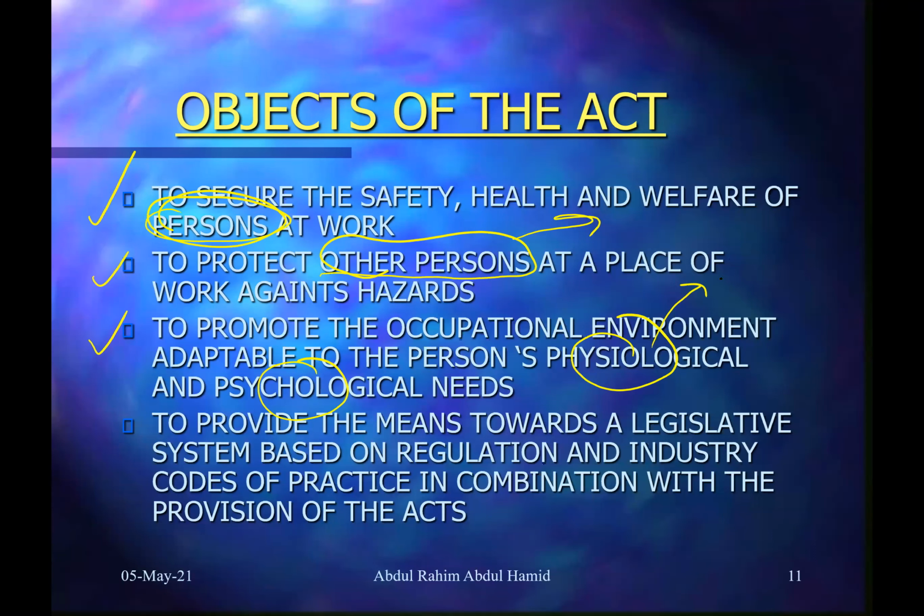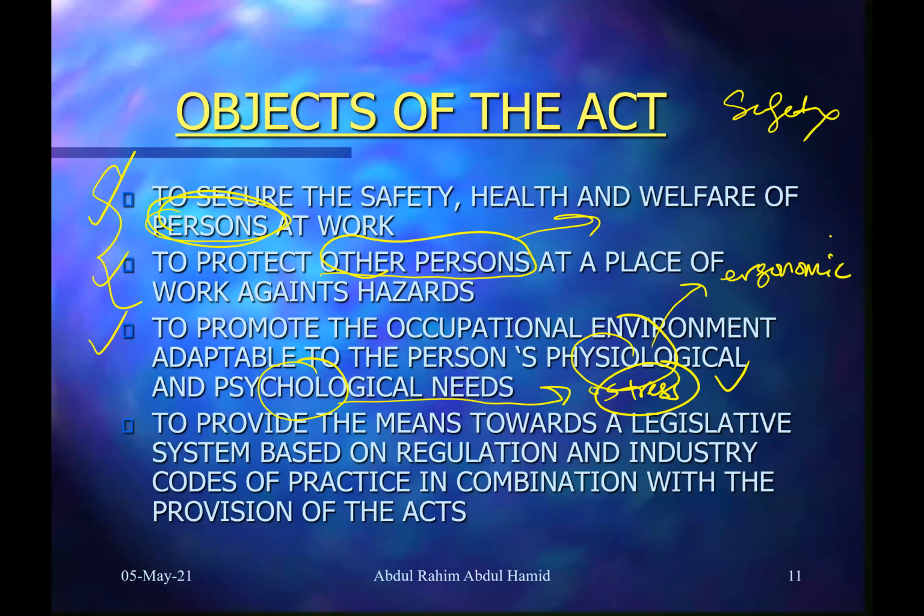We do have one topic such as ergonomics. Okay, psychological, such as occupational stress. We do have one topic for that. So I would say that the first two are basically about safety, and the third one is about the health aspect. So that's what safety and health is all about.